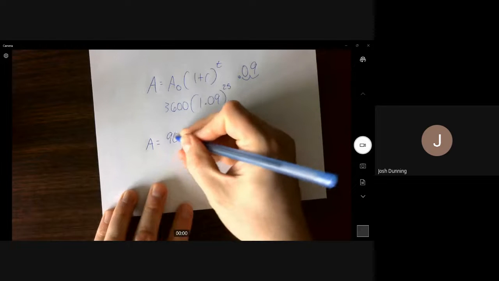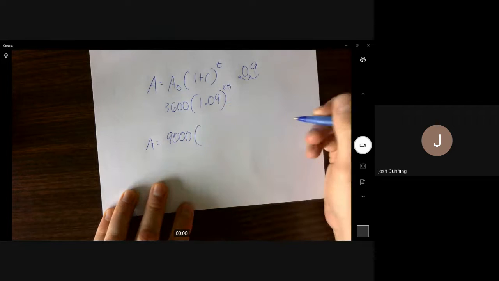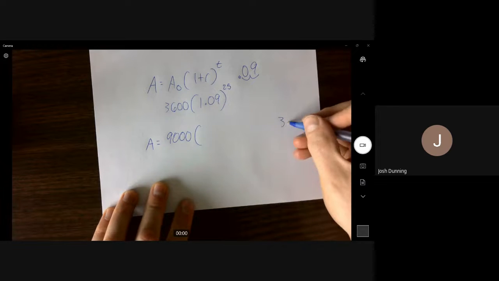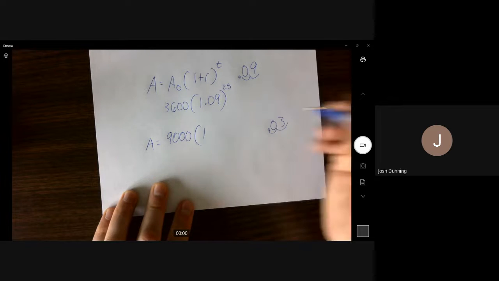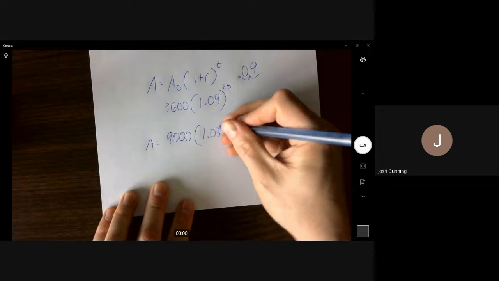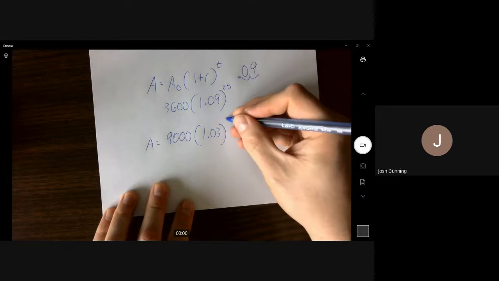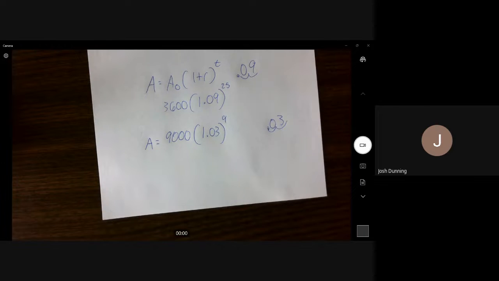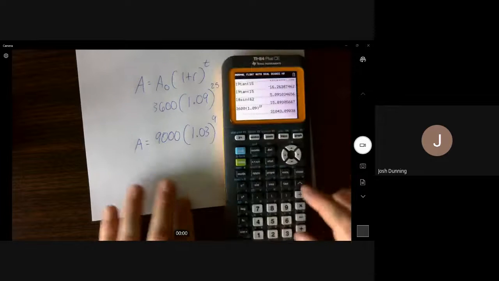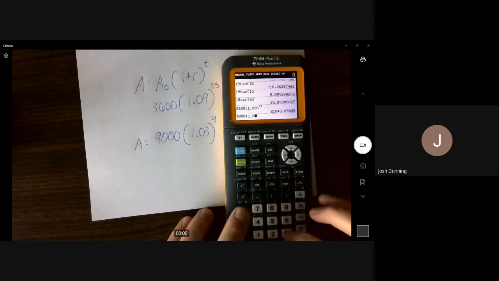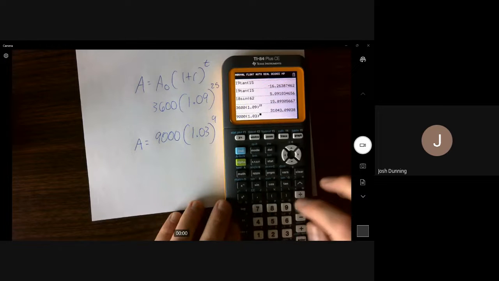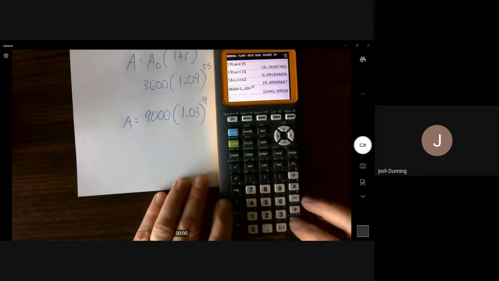So the starting amount 9,000 and grows 3% once, twice, 0.03, 1 plus 0.03 after 9 years. Then we just type that in 9,000, 1.03 to the 9th power.